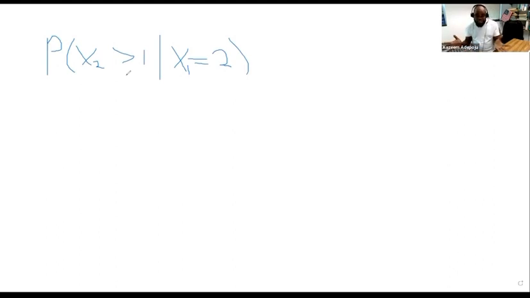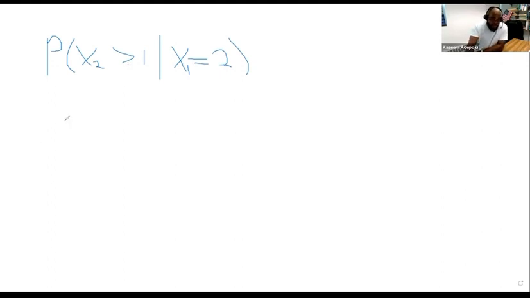If you want to figure out the probability, you first need the conditional mean and the conditional variance, because we are going to use the idea of a standard normal distribution.